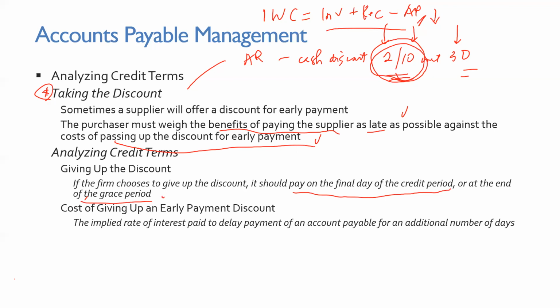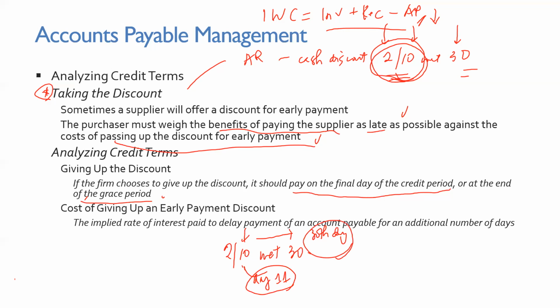Okay. So for example, if the credit terms is 2/10 net 30, okay, it doesn't make sense. Well, 2/10 net 30, you have the 10th day to pay the discount, right? It doesn't make sense for you to pay in day 11, okay, the whole amount. Kasi sana, binayaran mo na lang siya in day 10. So you want to delay as much as possible. So you want to pay on the 30th day.